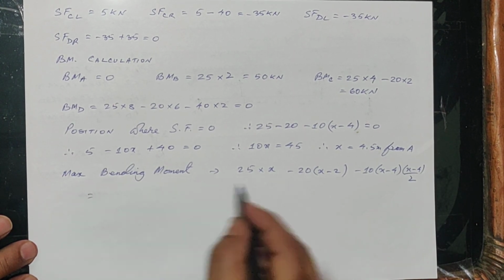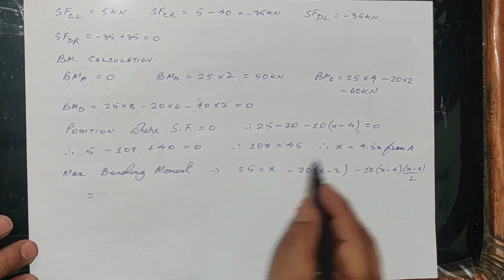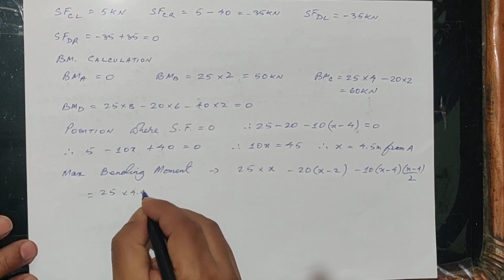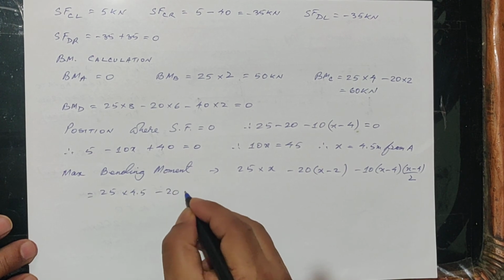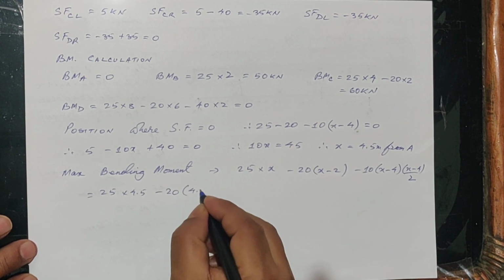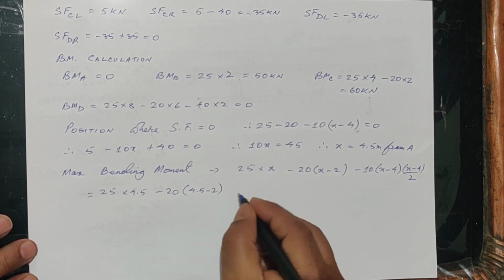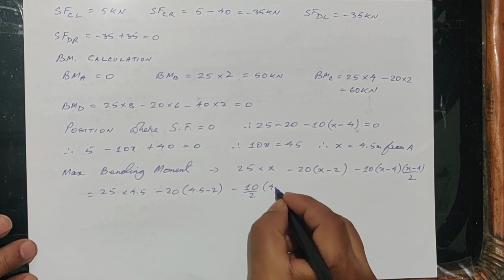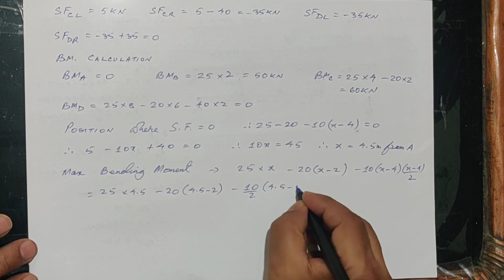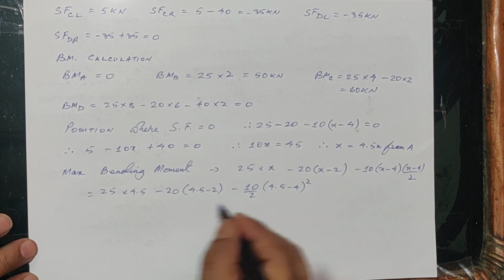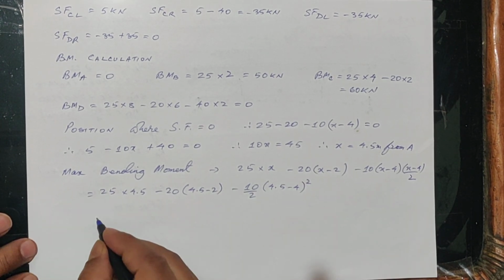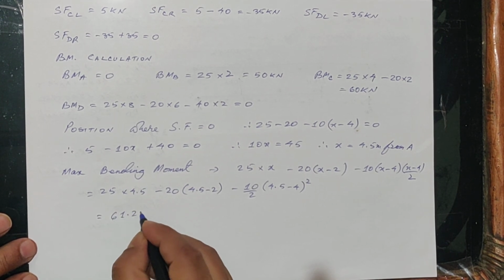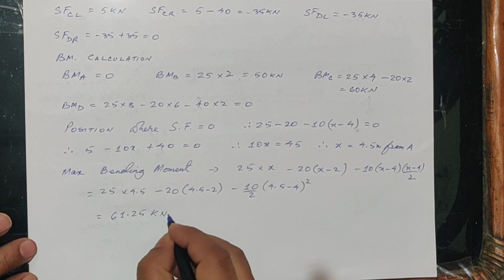So for x we will put 4.5. So 25 into 4.5 minus 20 multiplied by 4.5 minus 2 minus 10 by 2 into 4.5 minus 4 whole square. If you calculate this, it comes to 61.25 kilonewton meter.